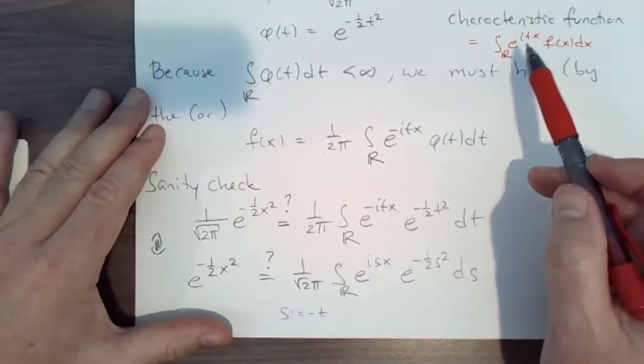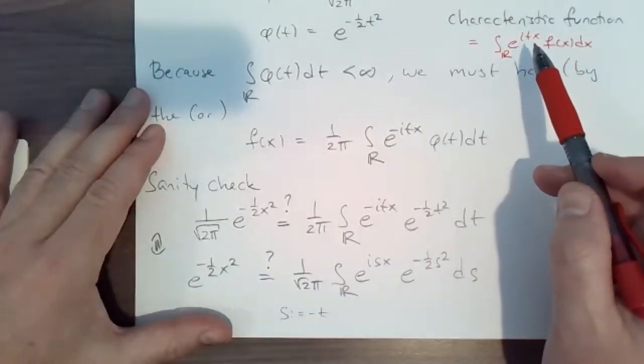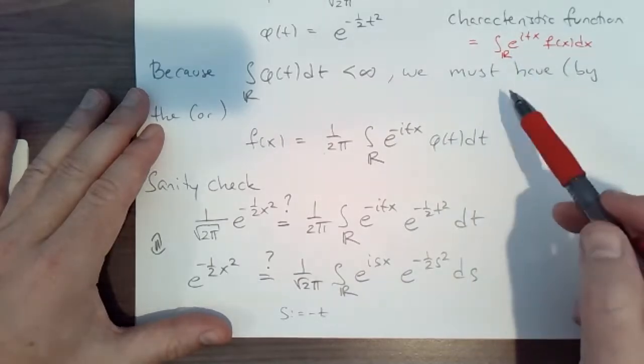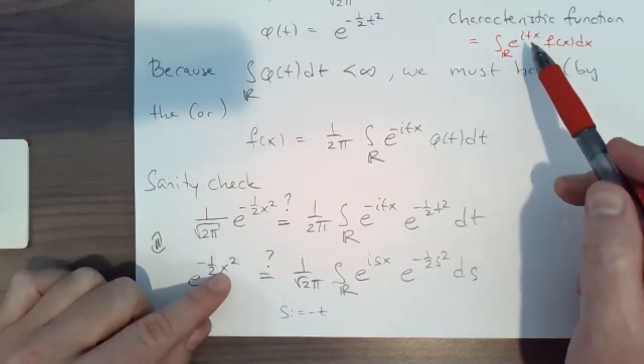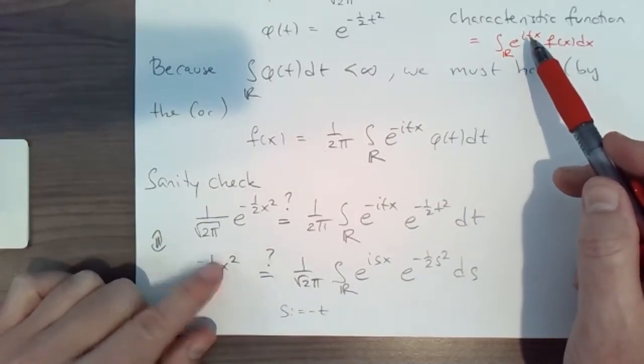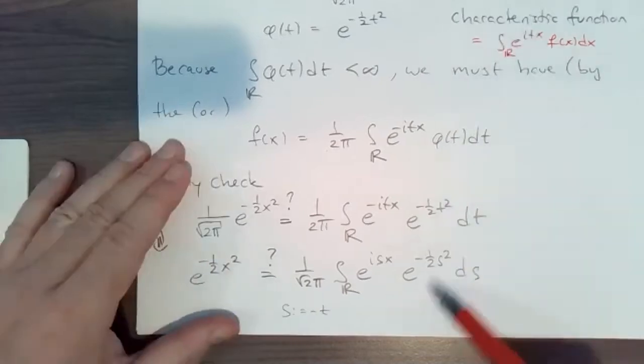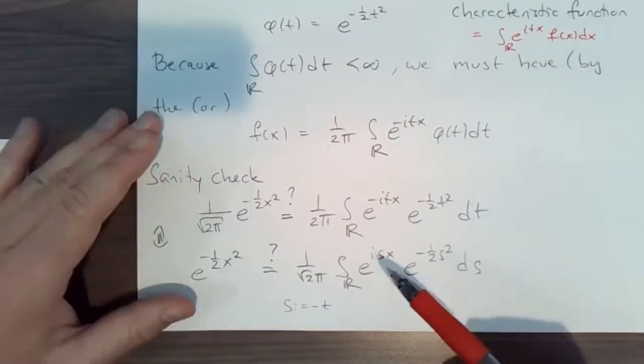But instead of evaluating it, the Fourier variable here is t, and the Fourier variable down here is x. So you just have to switch the variables, and this is indeed true.